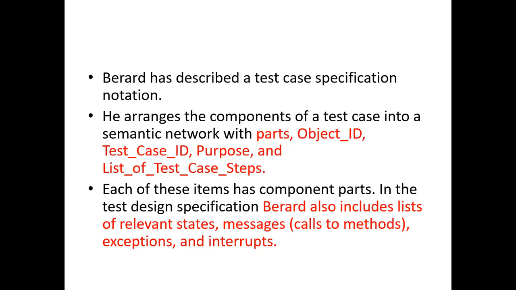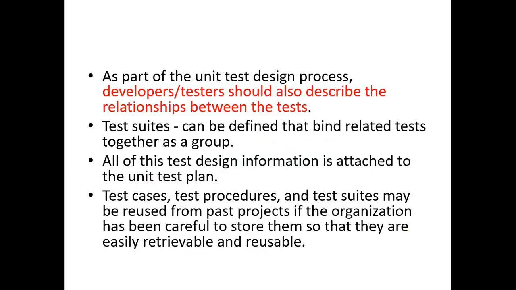Each of these items has component parts in the test design specifications, which also include a list of relevant states, messages, expectations, and interrupts. Test cases, test procedures, and test suites may be reused from past projects if the organization has been careful to store them so that they are easily retrievable and reusable.